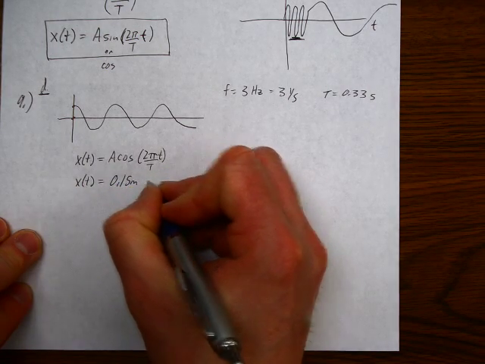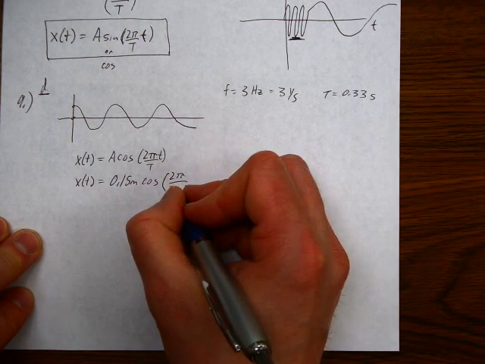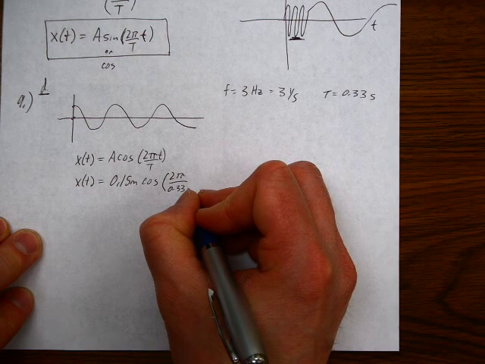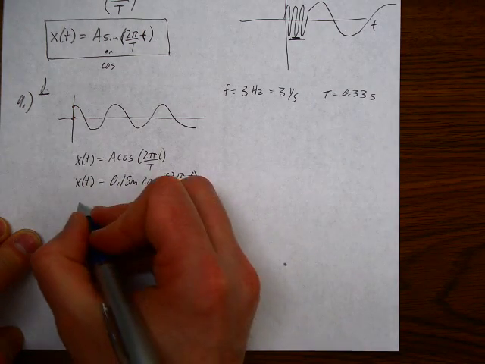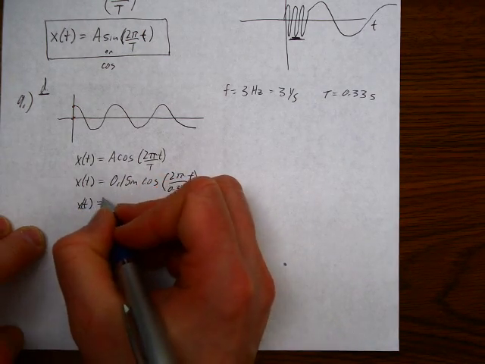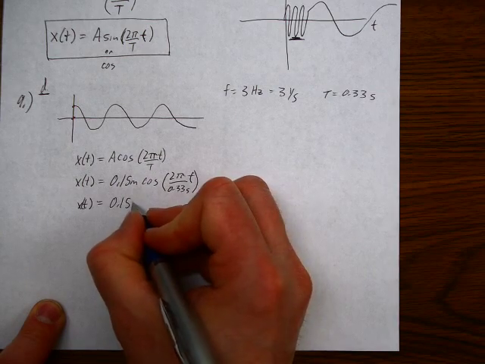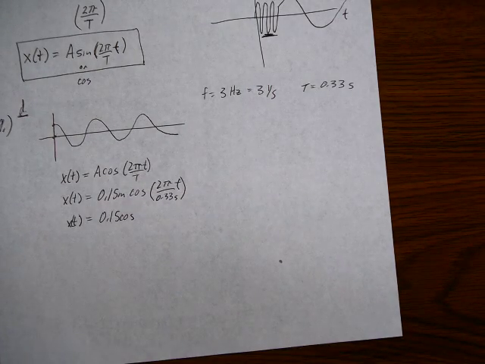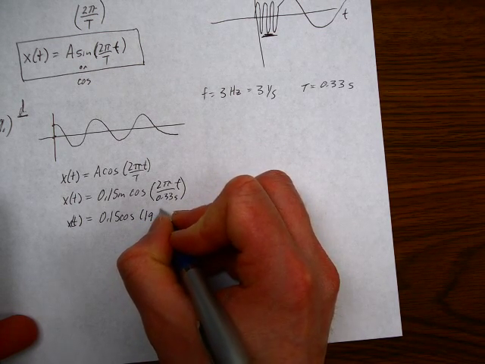So 0.15 meters times cosine of 2 pi over 0.33 seconds times the time, which I can reduce down a little bit, and sometimes we drop off the units to make it a little bit cleaner. 2 pi divided by 0.33 is going to be right around 19 t.